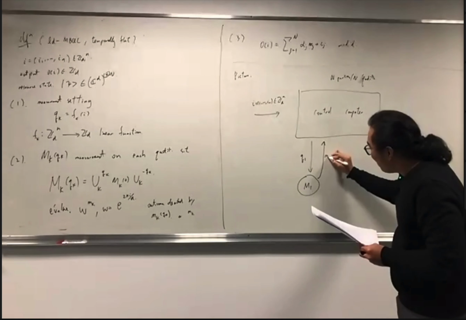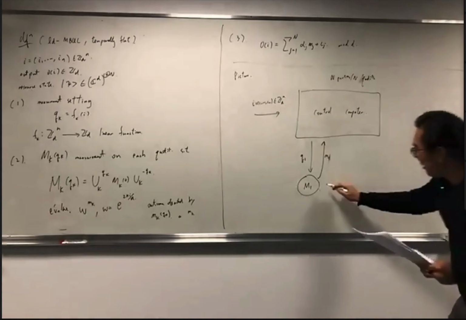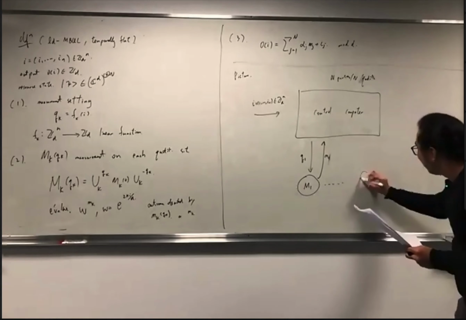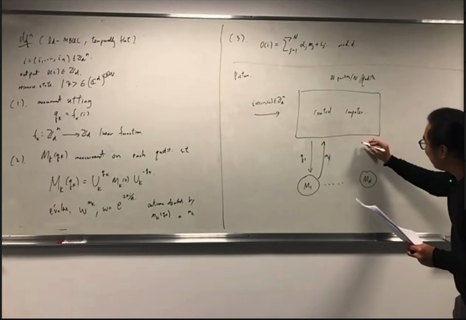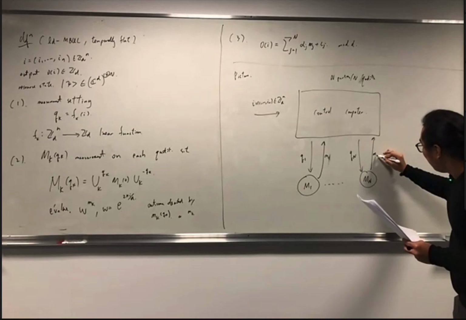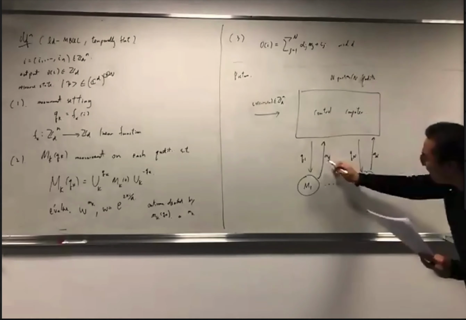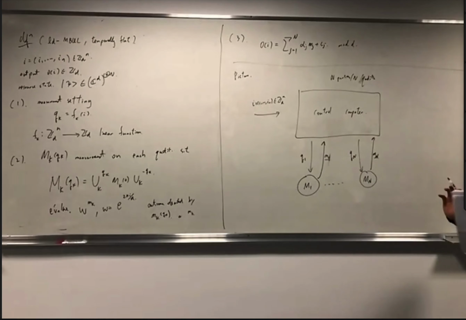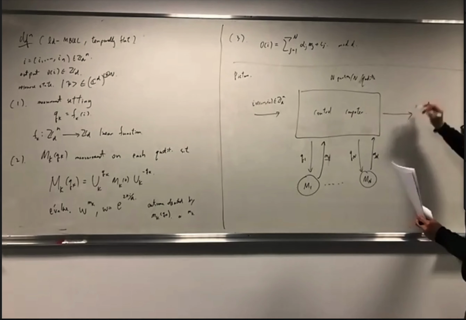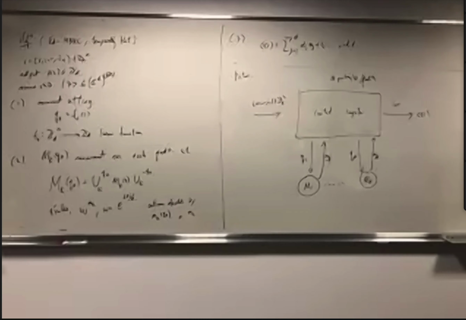And so you have n qudits. The last one, you have qn, and you send back mn. Then the control computer has all the information from m1 up to mn, and then it performs some linear processing, and then you get your final computational outcomes.